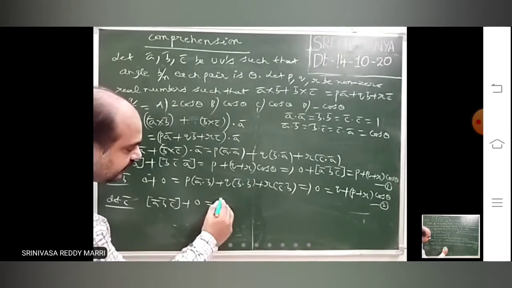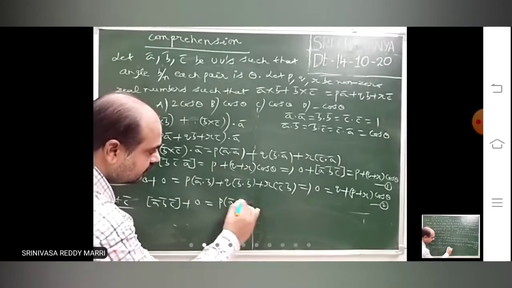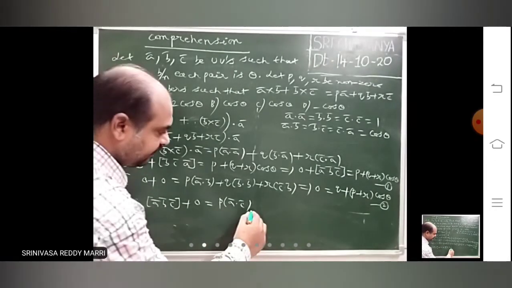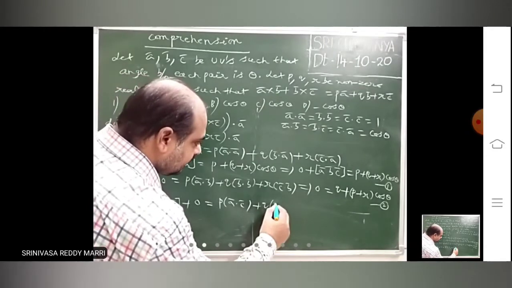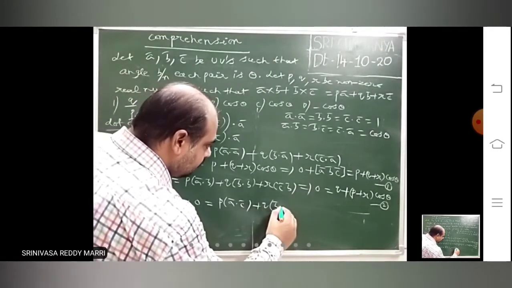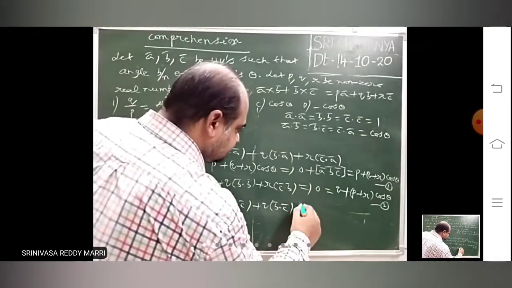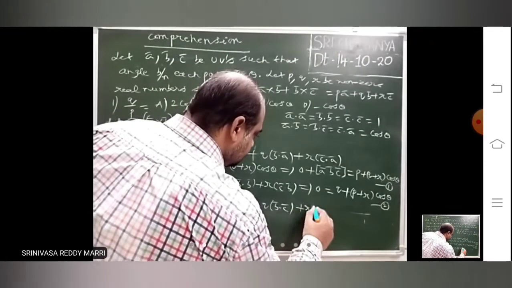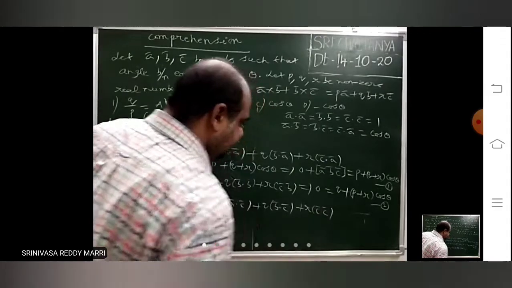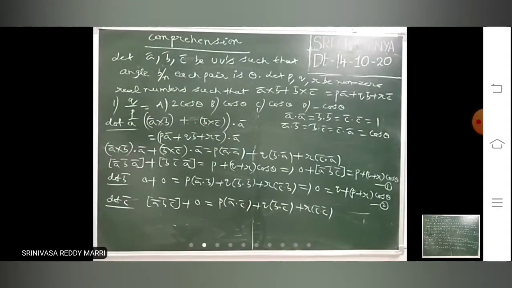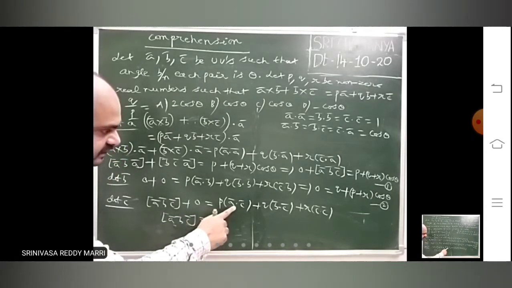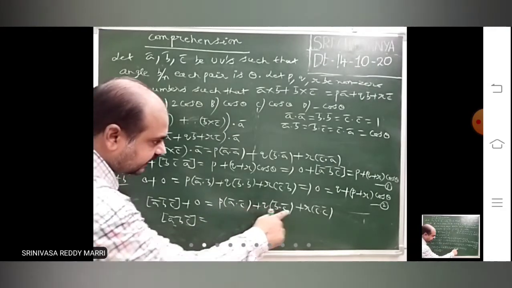Now P into A bar dot C bar plus Q into B bar dot C bar plus R into C bar dot C bar. Looking at the third equation, this is cos theta, this is cos theta, this is 1.